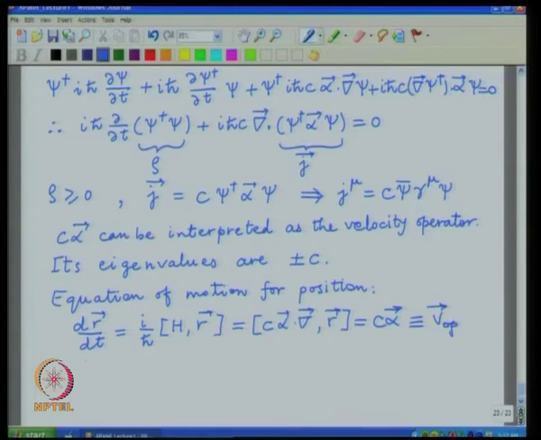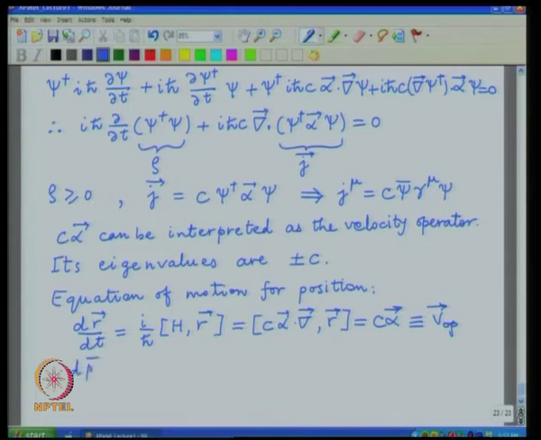It can be interpreted just as in standard classical mechanics, it's a rate of change of position, but it is no longer related to the momentum operator, and that is the peculiarity of Dirac's construction.